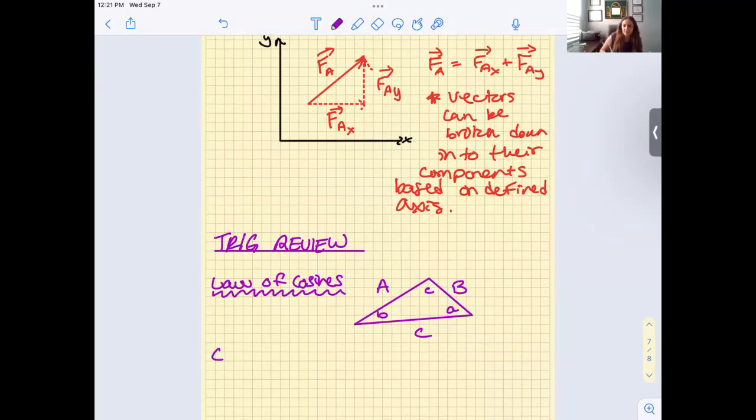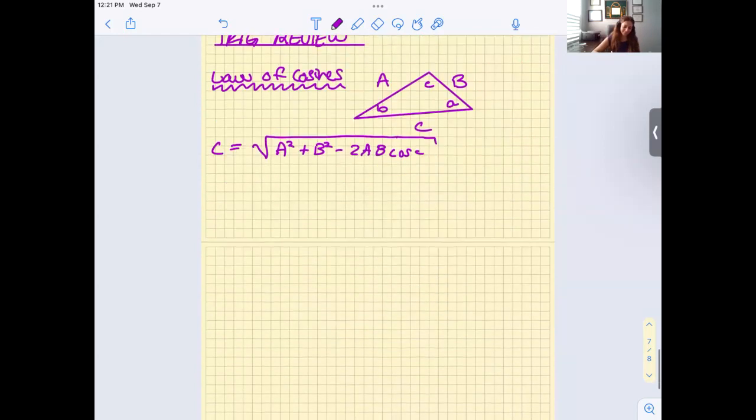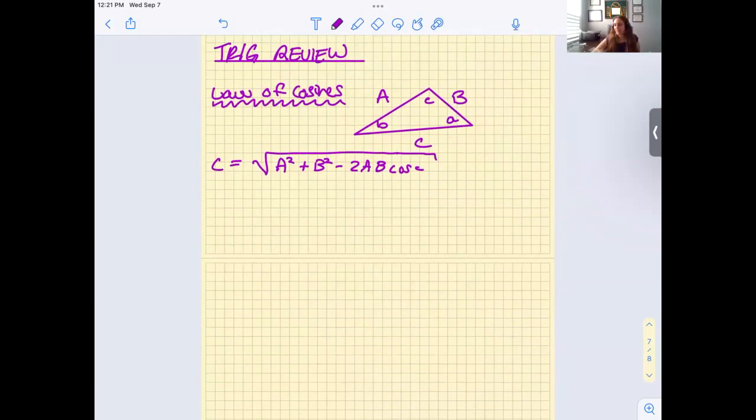If you're trying to solve for side C, then you would take the square root of side A squared plus side B squared minus 2 times A times B times cosine of little angle C. You knew that, right? It's all coming back. That's for any generic triangle at all.